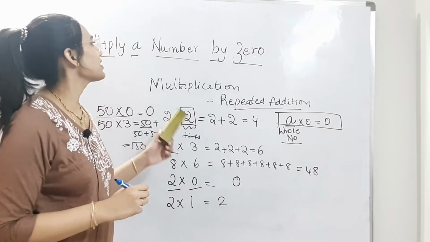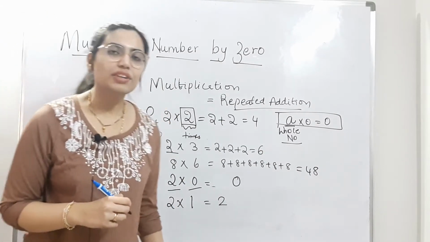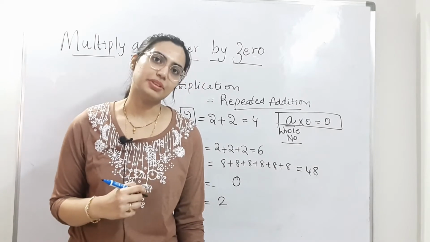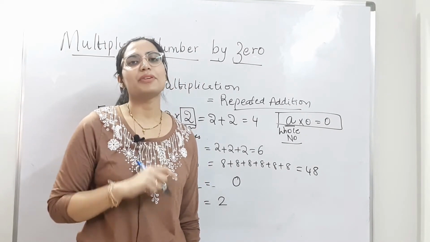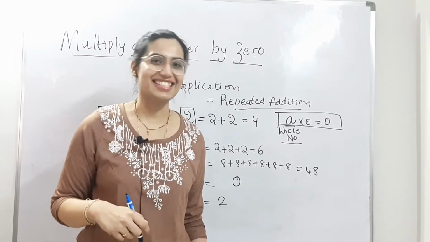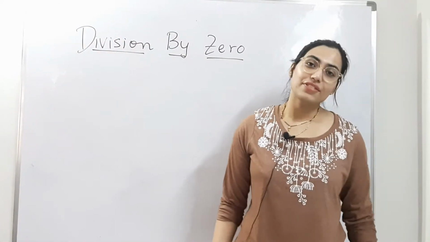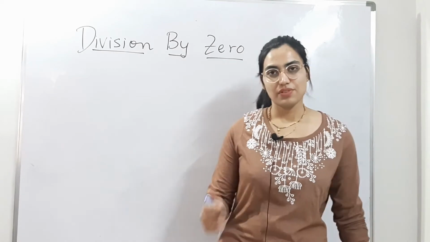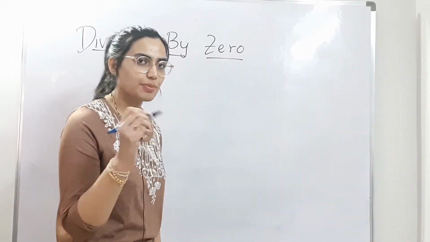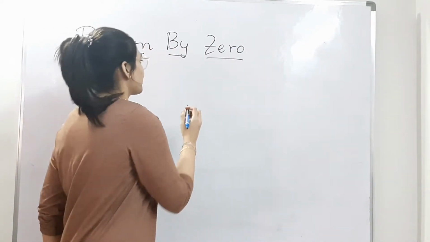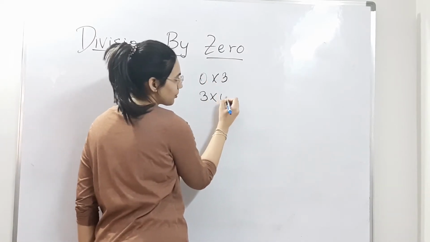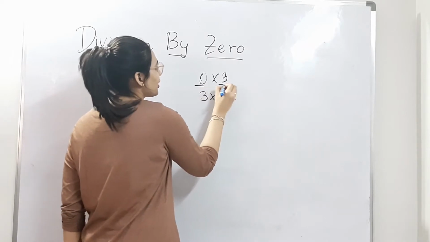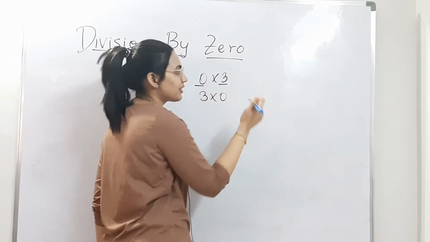Okay. So this is nothing but what will happen when you multiply a number by 0. So now let's see what happens if we divide a number by 0. We know that multiplication is repeated addition, right? So that means if you say 0 into 3 or 3 into 0, in the commutative property, 0 into 3 means 0 added 3 times.